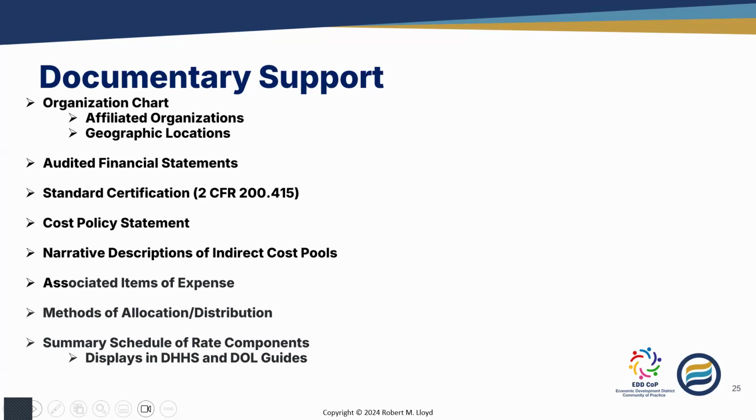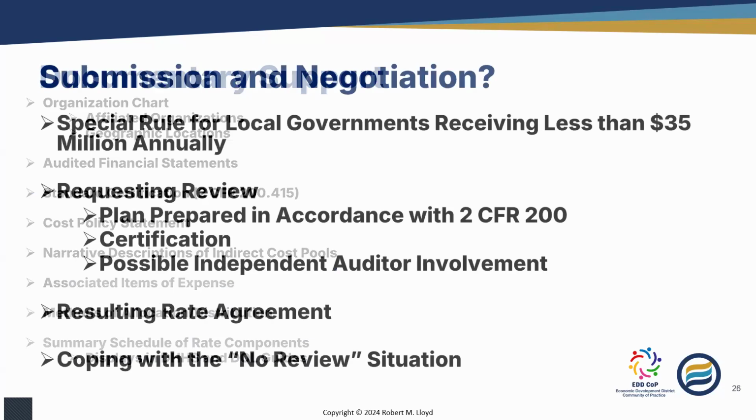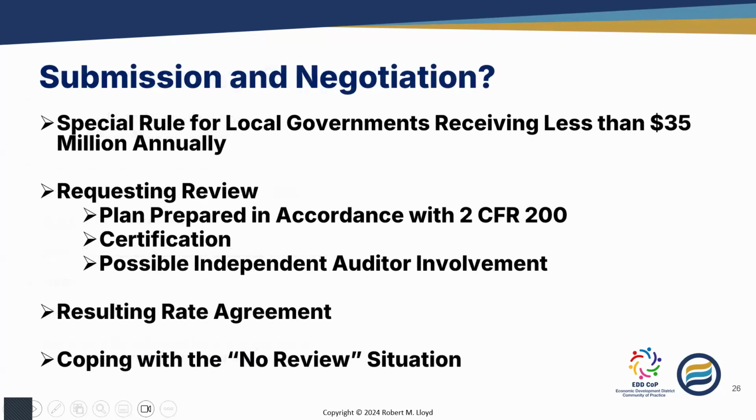Now, just a couple of other points before we go to questions and comments. Slide 26 rounds up the issue of submission and negotiation. You've heard about the special rule for local governments receiving less than $35 million annually. What this introduces is the possibility of your organization taking it upon itself to request review of your indirect cost plan and rate proposal.